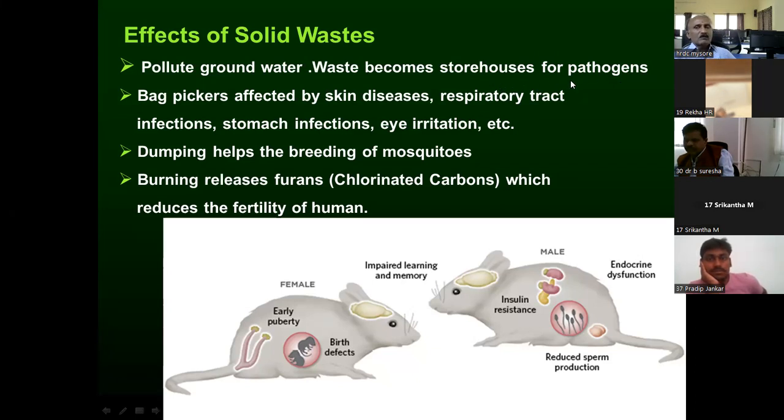And you know that when people go for picking up such waste, especially rag pickers, we have seen that they are affected with skin diseases, respiratory diseases, and other things. And sometimes, to have an easy or clear environment, you burn all this solid waste. When you burn it, it releases certain chemicals called furans.